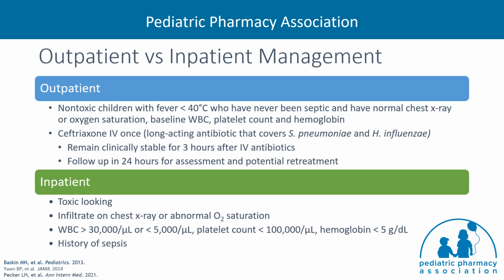When thinking about outpatient versus inpatient management for patients with fever, if the child is non-toxic appearing, they have a fever less than 40 degrees Celsius, they've never been septic, and they have a normal chest x-ray and O2 sats, as well as normal baseline CBC, you can consider giving ceftriaxone IV once for those patients, and then follow up in 24 hours.